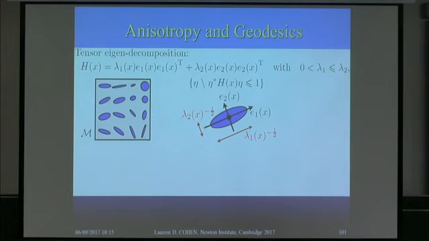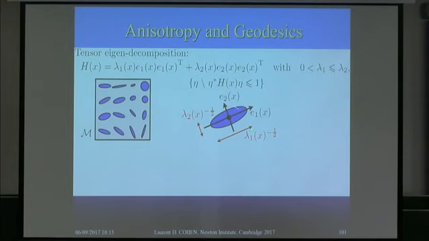So what it means is that if you define the tensor field H at each point, it can be decomposed into eigenvalues and eigenvector directions. If you assume that lambda 1 is positive and lambda 2 is larger than lambda 1, then locally you can represent the unit ball according to H. This corresponds to an ellipse which has as a long axis the one corresponding to lambda 1, to E1.